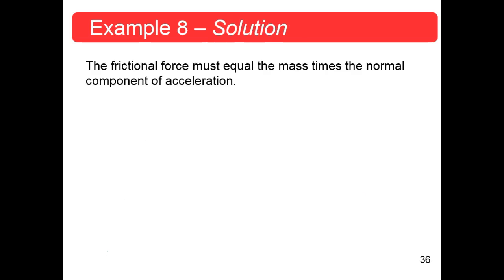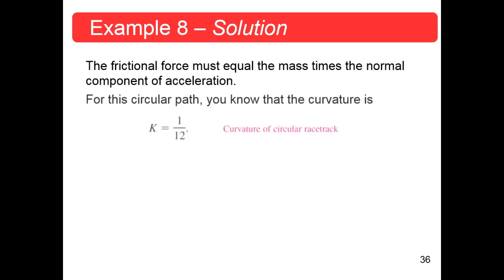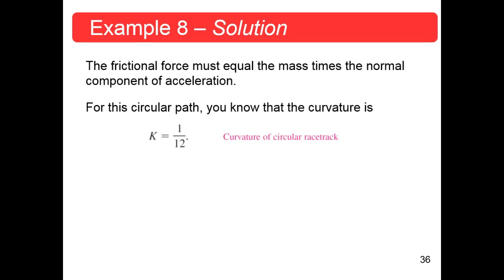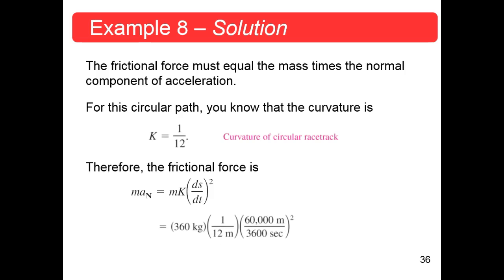Frictional force must equal the mass times the normal component of acceleration. Circular path of curvature is 1 over 12. We got it. Frictional force is the mass times K times speed squared.